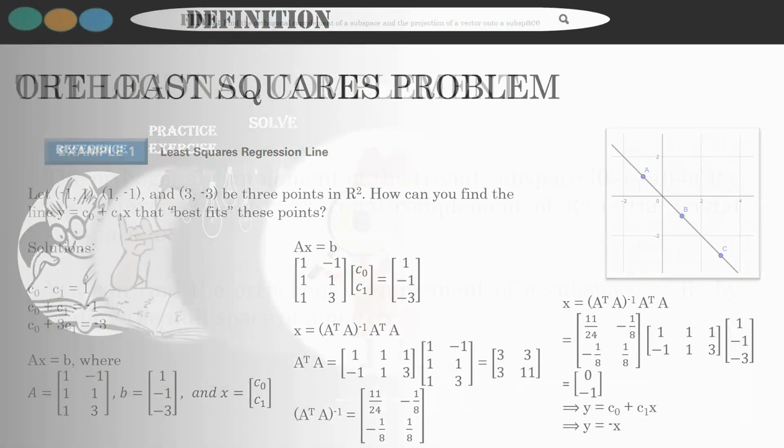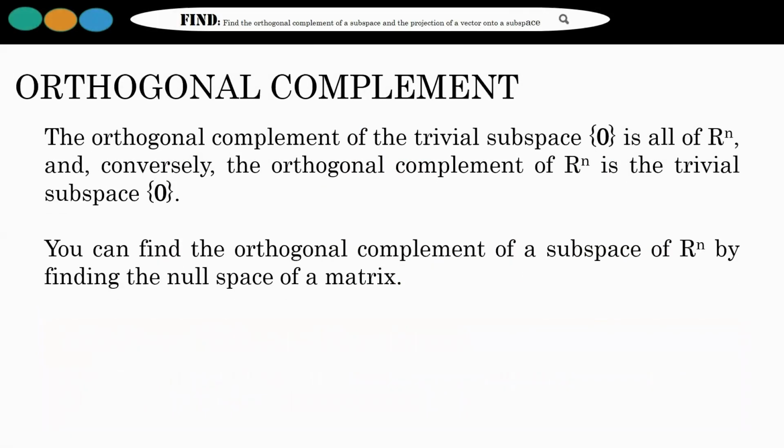For the orthogonal complement, the orthogonal complement of the trivial subspace 0 is all of R to the n power, and conversely, the orthogonal complement of R to the n power is the trivial subspace 0. You can find the orthogonal complement of a subspace of R to the n power by finding the null space of a matrix.